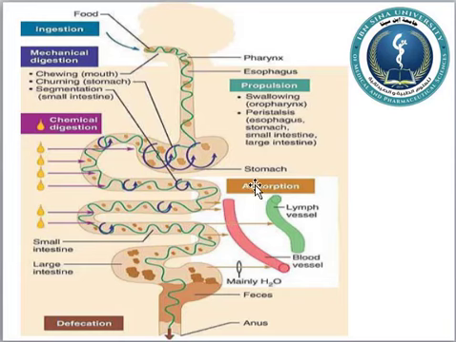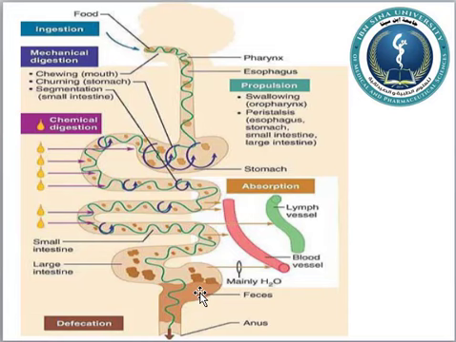Another important function is absorption of this material after processing with the mechanical and chemical digestion, to take advantage of these substances. Another function is elimination or expelling of the feces, which is material not absorbed by the body.